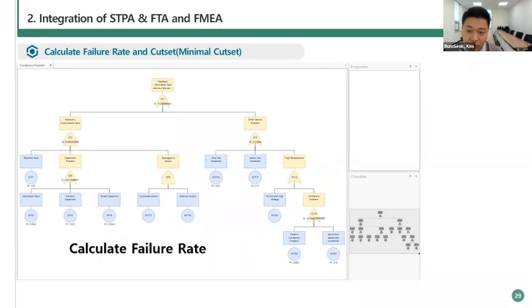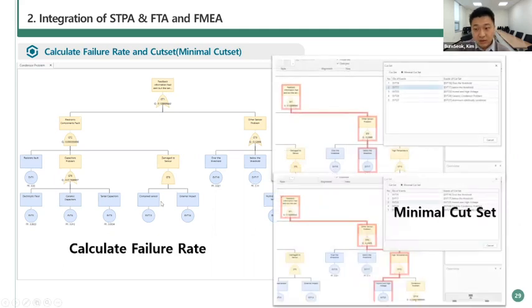It can also improve the accuracy of analysis. Also, the cut set gives you a way to see which causal factor affects the sensor most quickly. This gives you the priority of which causal factor must be solved first.